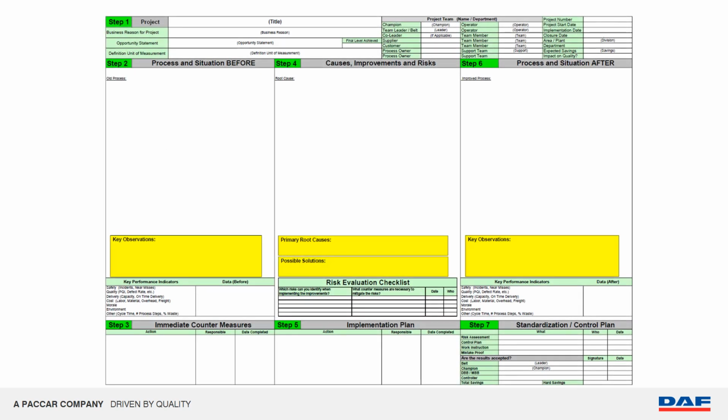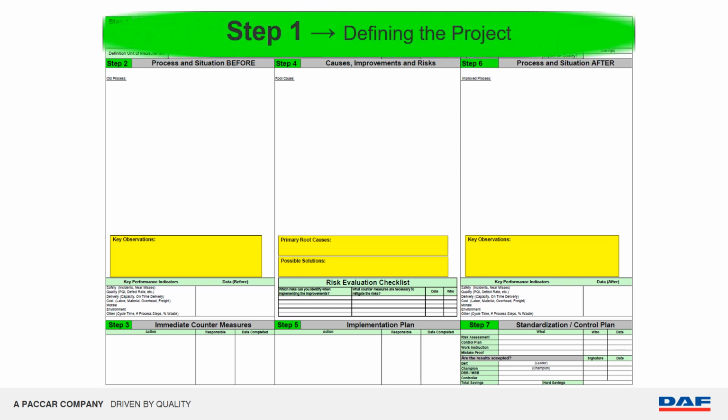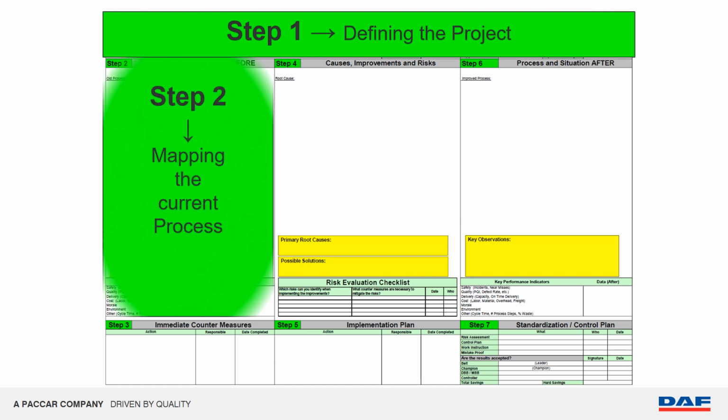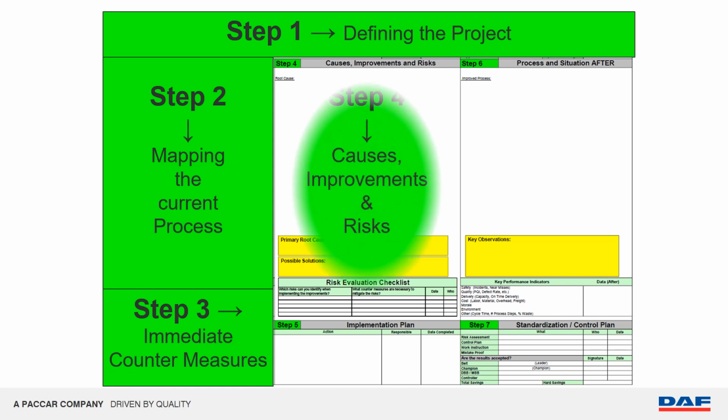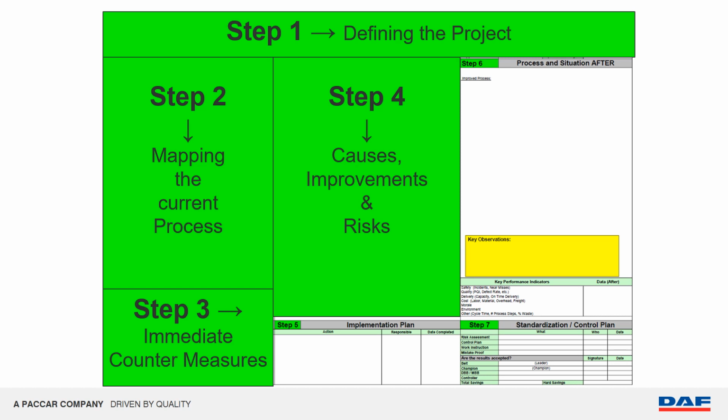So rounding up this training, we took you through the 7 steps of Lean. Defining the project using the 3 key elements. Mapping the current process by going to the Gemba and visualizing it using process maps. A temporary solution to immediately stop the bleeding for the customer. The analysis phase, where we looked for causes and possible solutions and avoiding new risks.